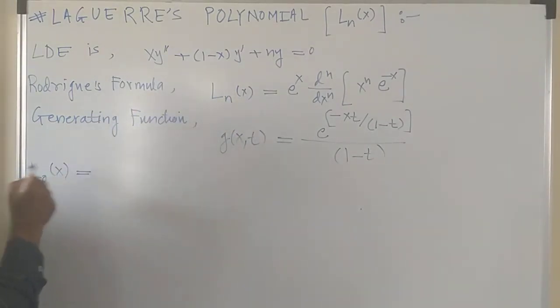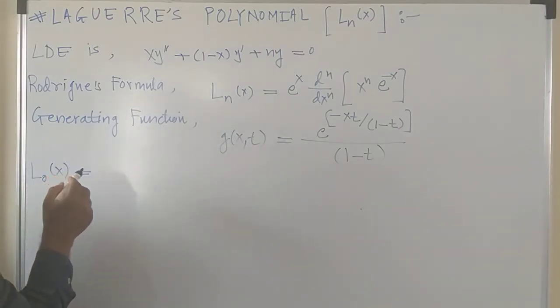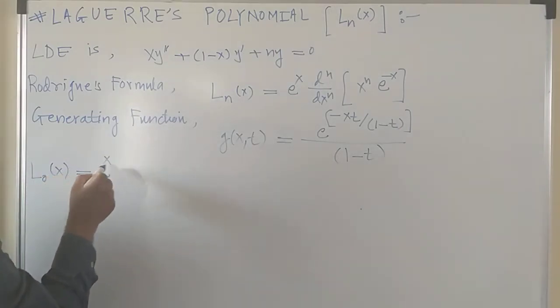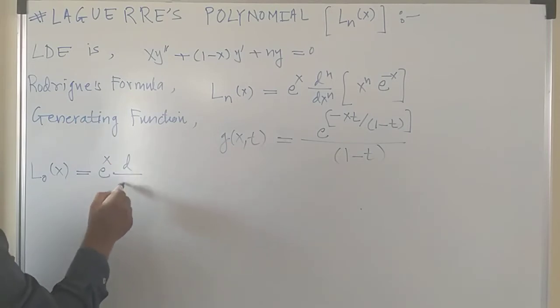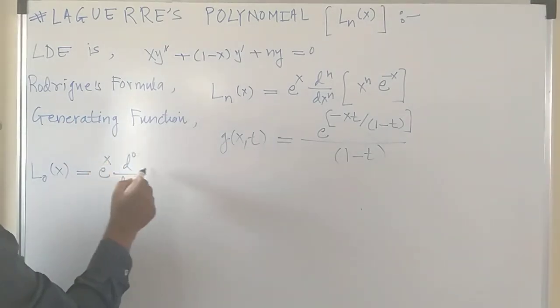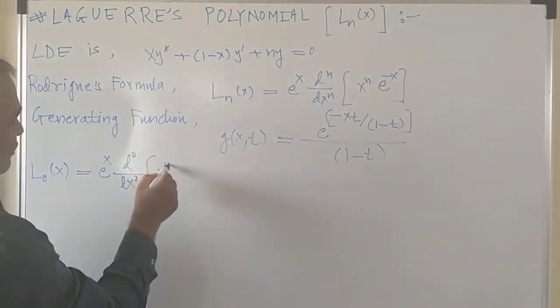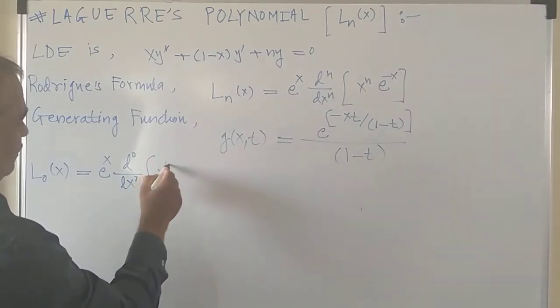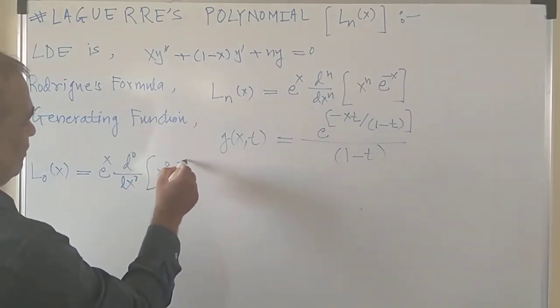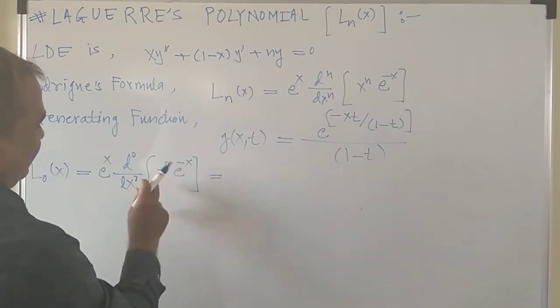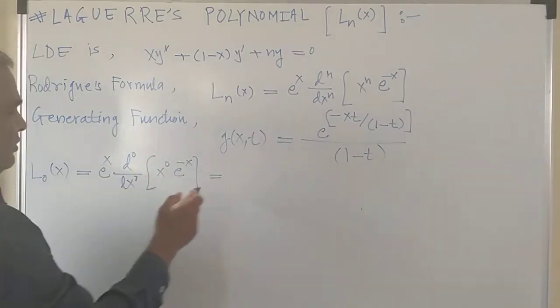So e raised to x into the 0th derivative, that means no derivative, of x raised to 0 into e raised to minus x. X raised to 0 means 1, and 0 derivative means no derivative.